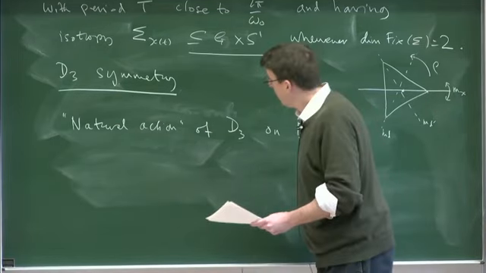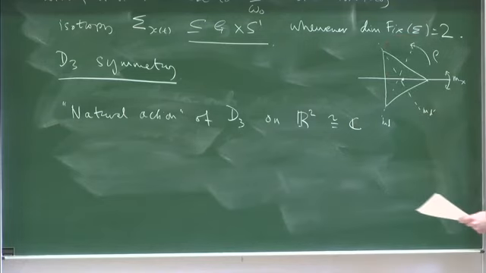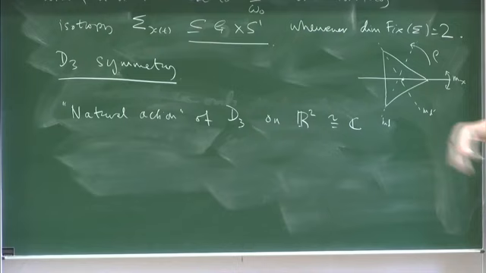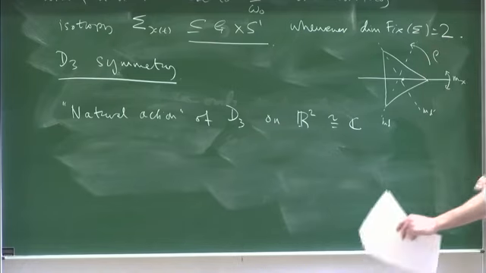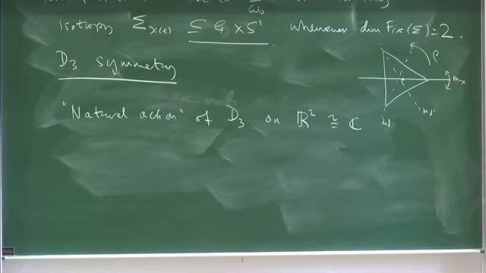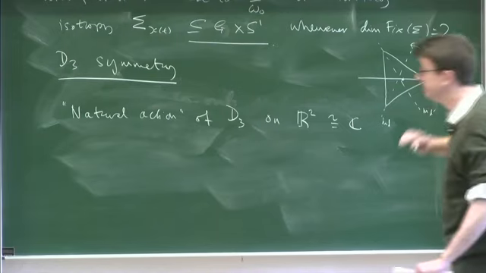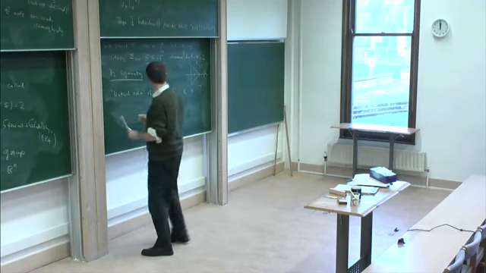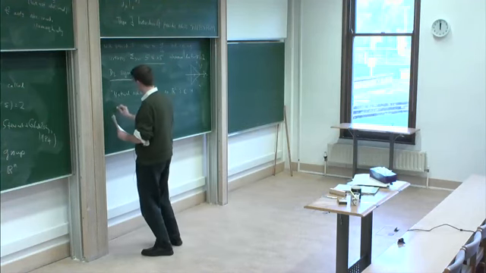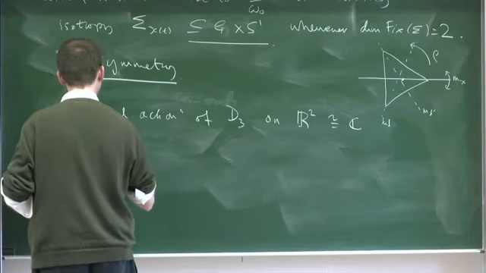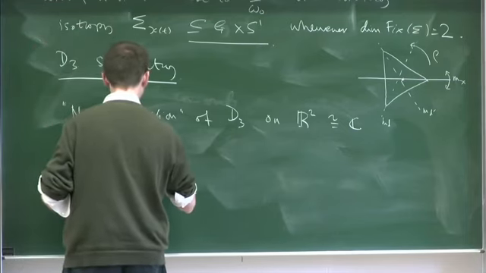This natural action we saw previously was absolutely irreducible. And in fact, having been through the character theory, you now know what all the absolutely irreducible representations of D3 look like.